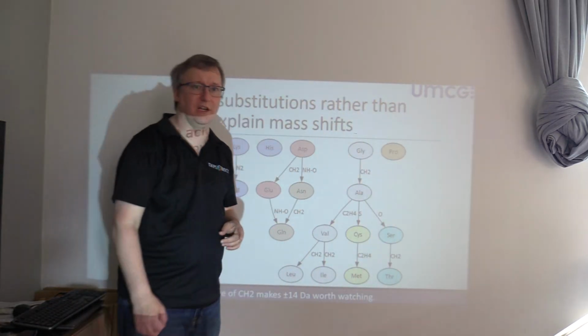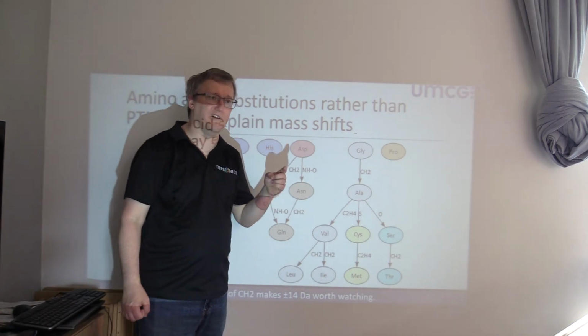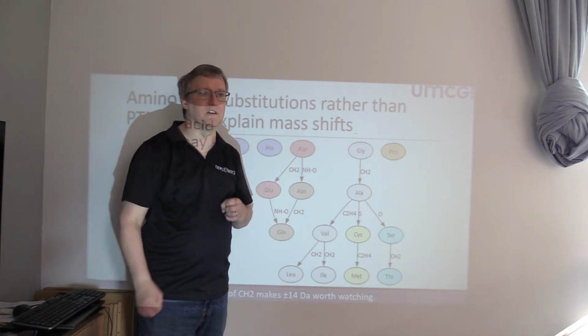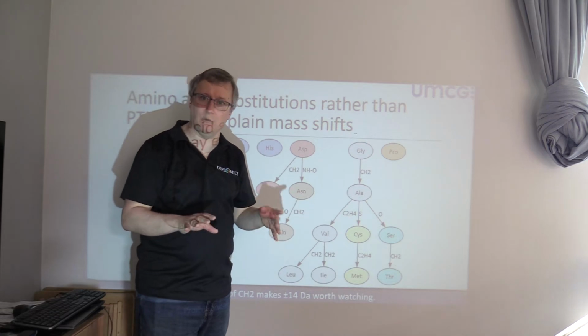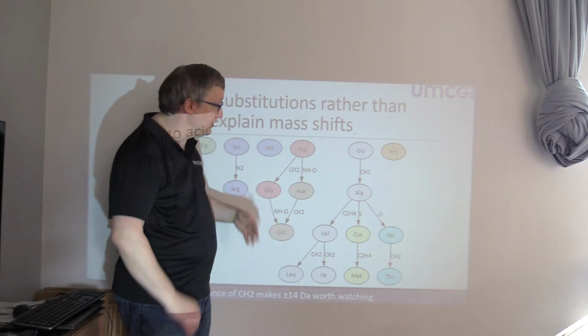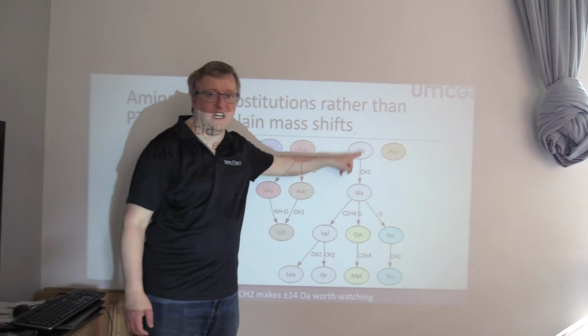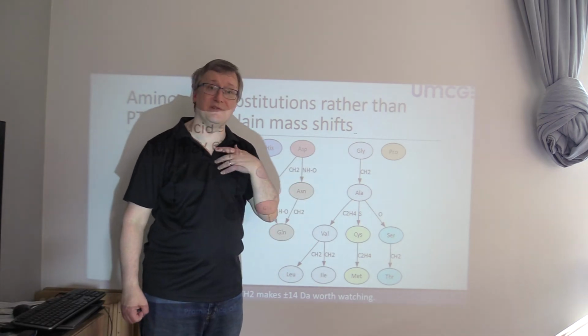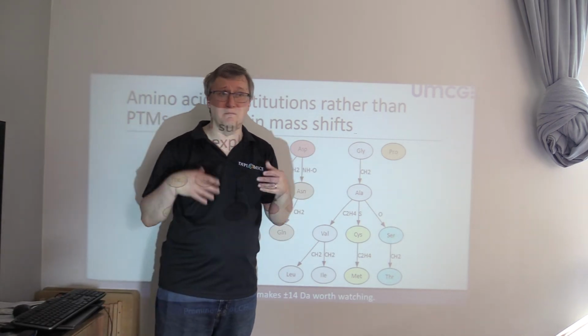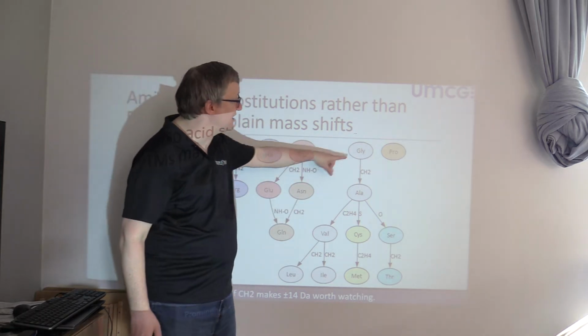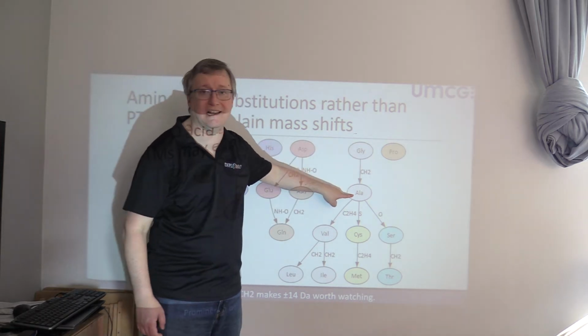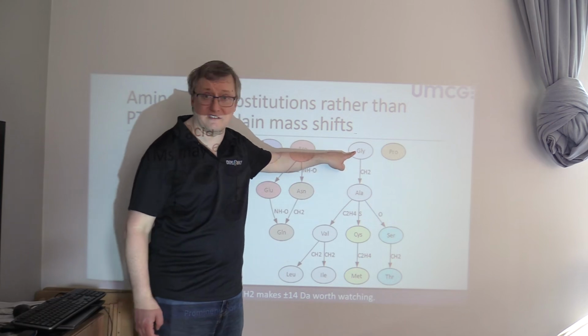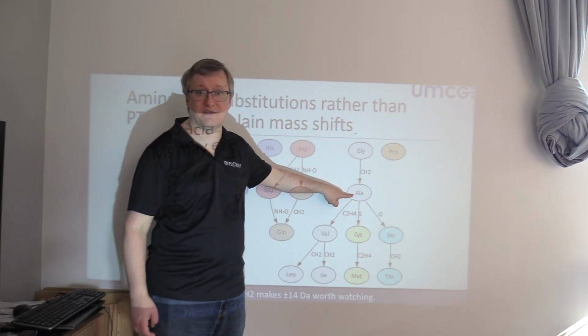It's worth mentioning that modifications of peptides and of proteins are just one way that we can change the mass. It's also the case that many of the amino acid changes have similar masses to PTMs. So if we consider the case of glycine and alanine, glycine has a mass of 57, alanine has a mass of 71.